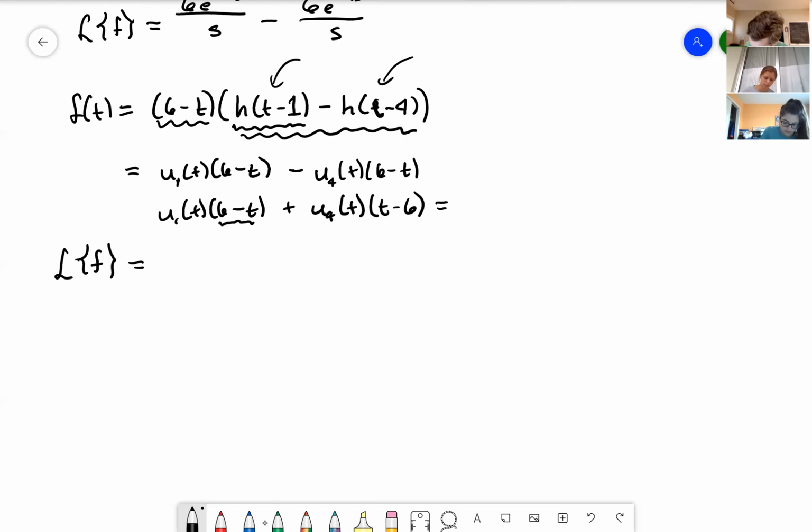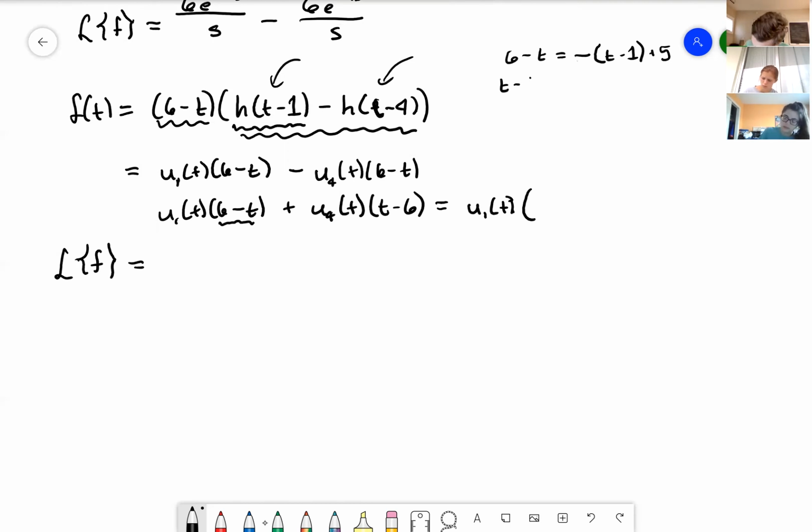So this is equal to u1 of t times... 6 minus t equals negative (t minus 1), so that gives me a plus 1, so I need another 5. Make sense?